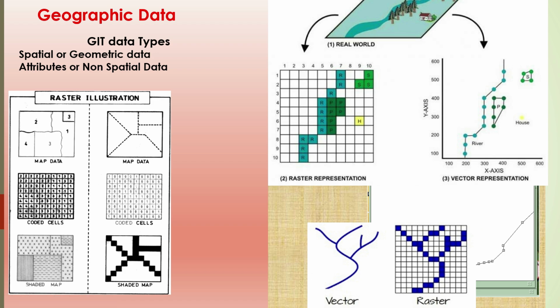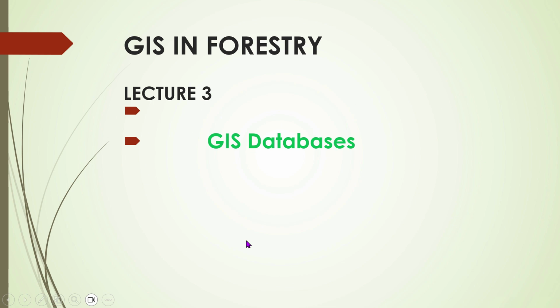It's a model of the real world. Same thing, you can have a river channel in the vector, which is a line feature. And when you represent the same feature in the raster environment, it is represented thus. Another example is given here, and then you can have different raster illustrations.